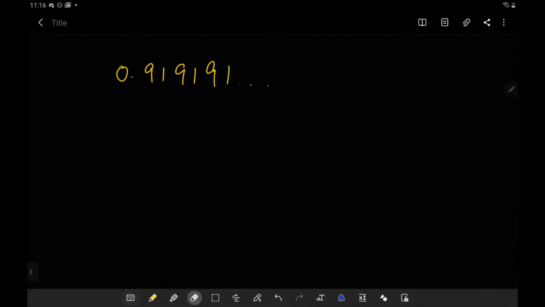Well, I could start by multiplying this thing. So I could say let this equal x. Remember, we mathematicians are very creative. So let this equal x. That means if I multiply x by 100, I get 100x, right? Remember from last term. But multiplying x by 100 is the same as multiplying this by 100. Watch what would happen.